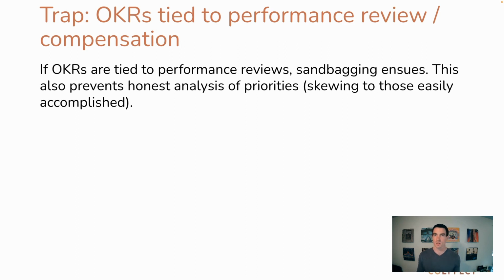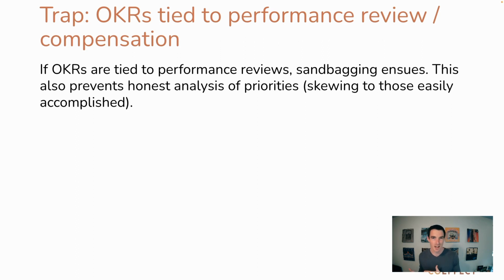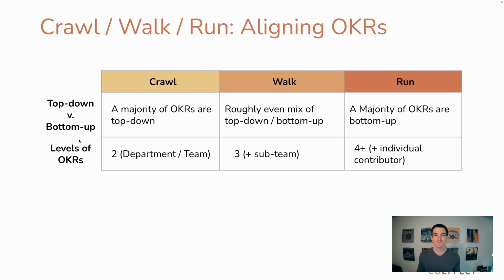So most of the research around OKR suggests that you actually don't tie compensation to goal achievement or lack thereof, because it won't encourage you to set goals that are true stretches that will help your team. It also might prevent an honest analysis of what the priorities are here, skewing to those priorities that are more easily accomplished, and away from maybe those really hard priorities or hard paths that are really critical for your organization's success.